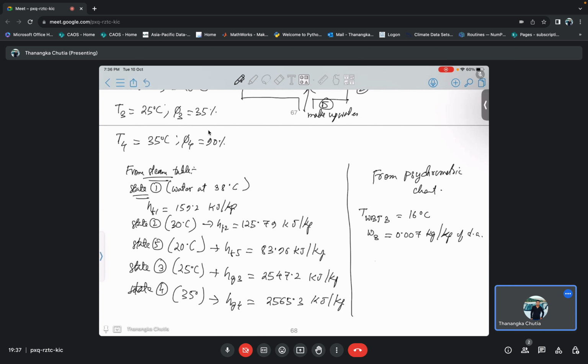And W4 I can find as 0.03 kg per kg of dry air.